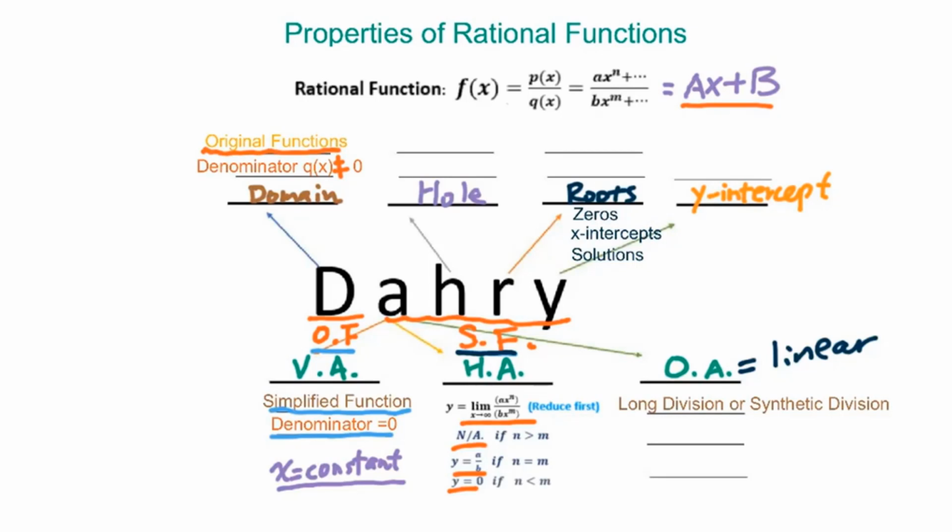If we want the quotient to be a linear function, we have to make x to the n minus m equal x to the first power. In other words, we have to make n equal m plus 1. In other words, the numerator of the rational function has one more degree than the denominator. Then we have an oblique asymptote line.